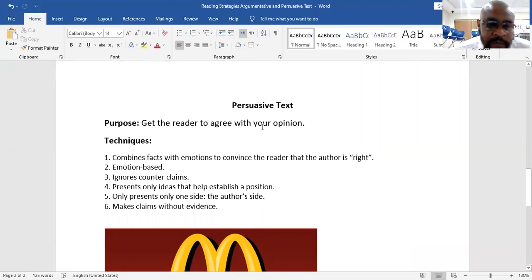So let's look at some of the techniques. The first one is it combines facts with emotions to convince the reader that the author is right. So it's designed to make you think about the facts and then give you a feeling about the facts.